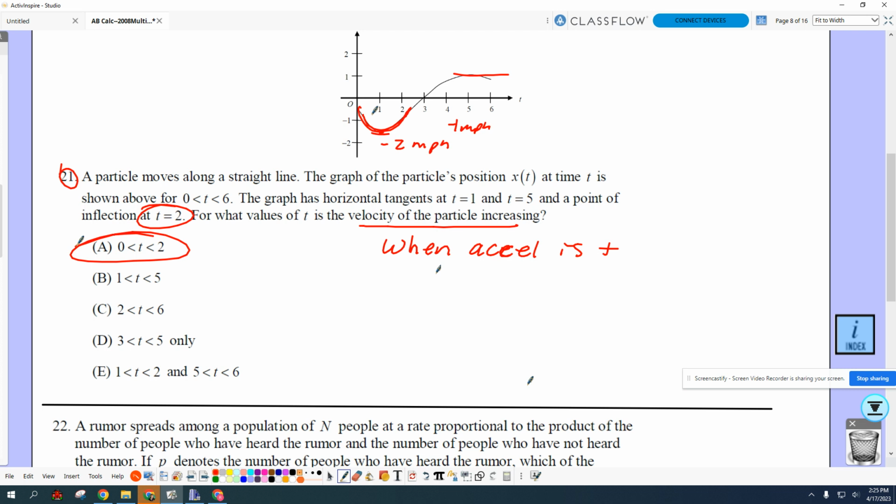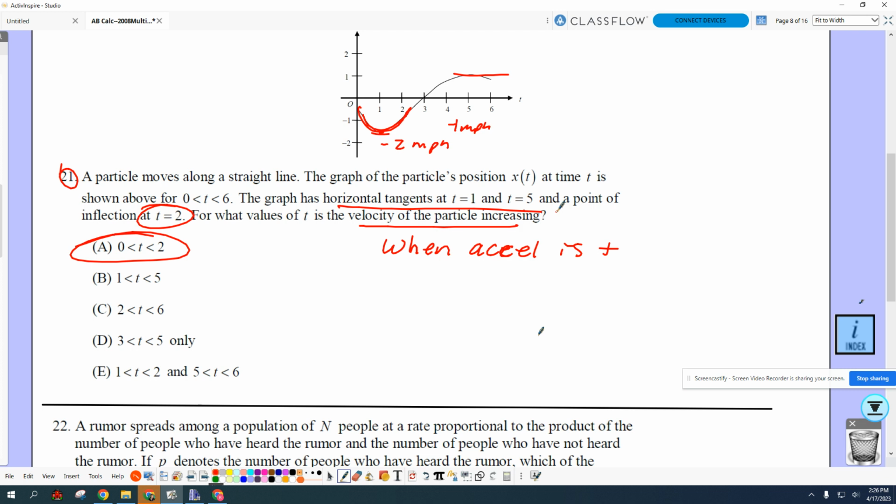Yeah, and they can give you extras. Did we need to know about the horizontal tangents? No, they add them in there, so you gotta know what you're doing. Are you gonna choose where velocity, the slope of this, is positive, or where acceleration is positive? Position's increasing when velocity is positive.